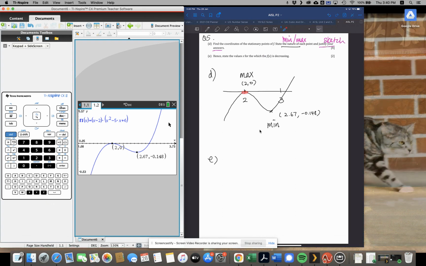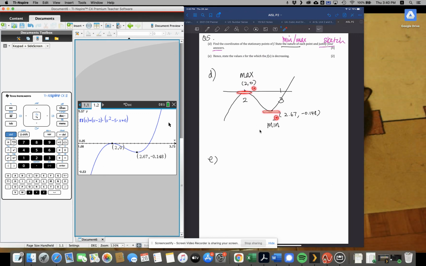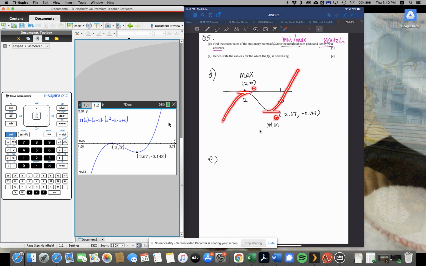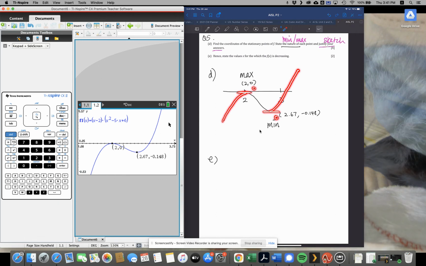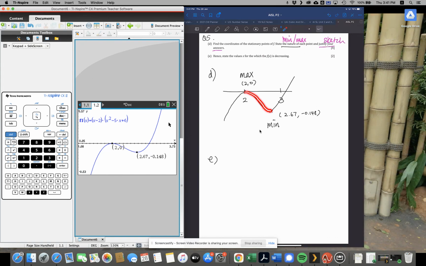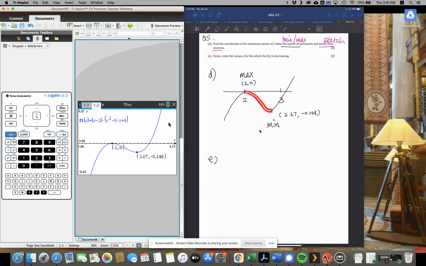This is when the gradient is 0 here. The gradient is also 0 here. Before this is increasing, this part is also increasing. The range, the domain or the section where the function is decreasing is here, which is in between 2 and 2.67. And this is your x.